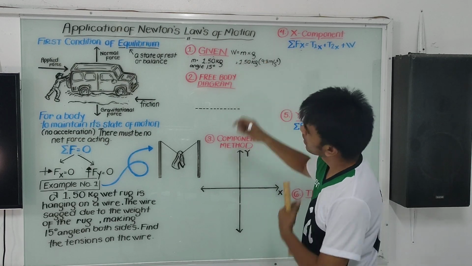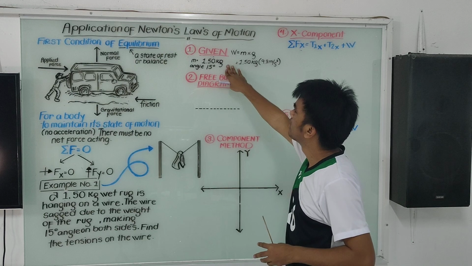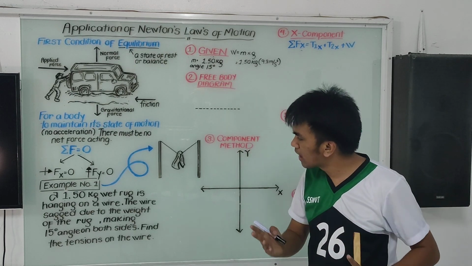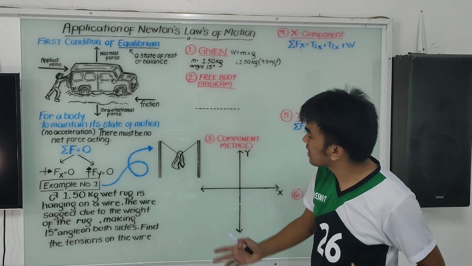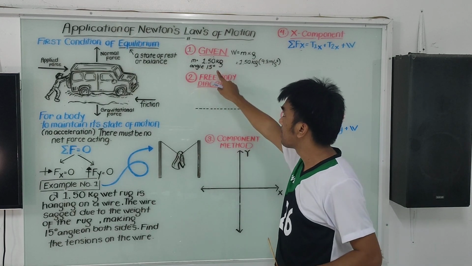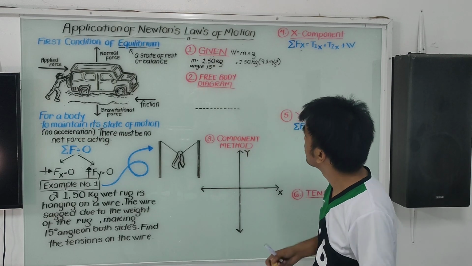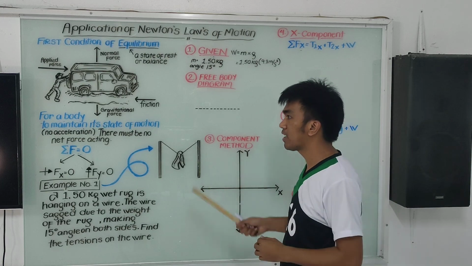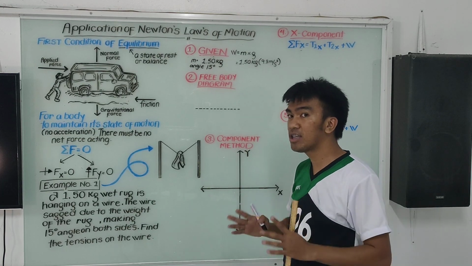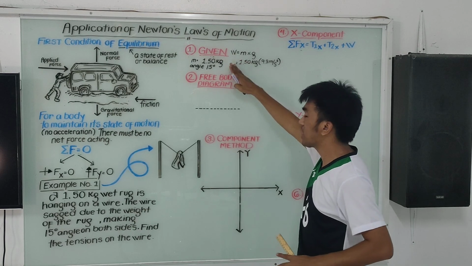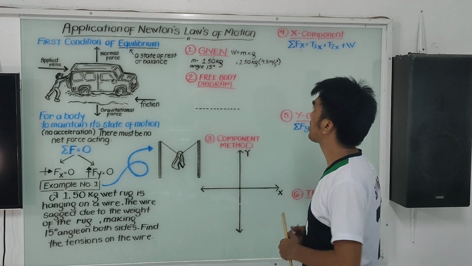I already have my given. So 1.50 kilogram is our mass, and the angle is 15 degrees. So since the mass of the object is affected by the gravity, we need to find weight. So in order for us to find weight, weight is equal to mass times the gravity.